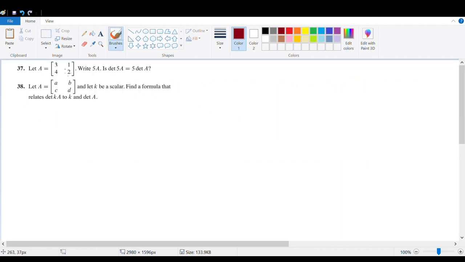In 37, let A be 3, 4, 1, 2. Determinant of 5A is equal to 5 determinant of A? Let us see. So 5A is equal to 5 multiplied by 3, 15, 5 multiplied by 1, 5, 5 multiplied by 4, 20, 5 multiplied by 2, 10. So now the determinant of 5A is equal to 15 multiplied by 10 minus 20 multiplied by 5.